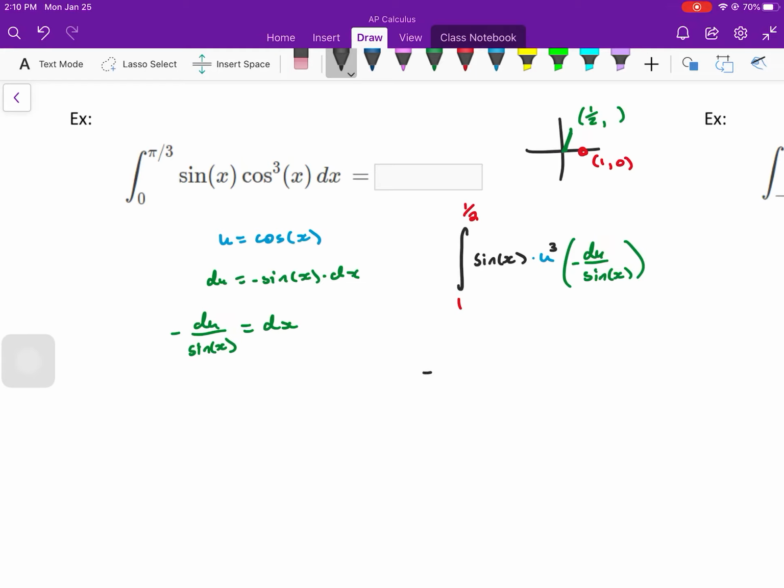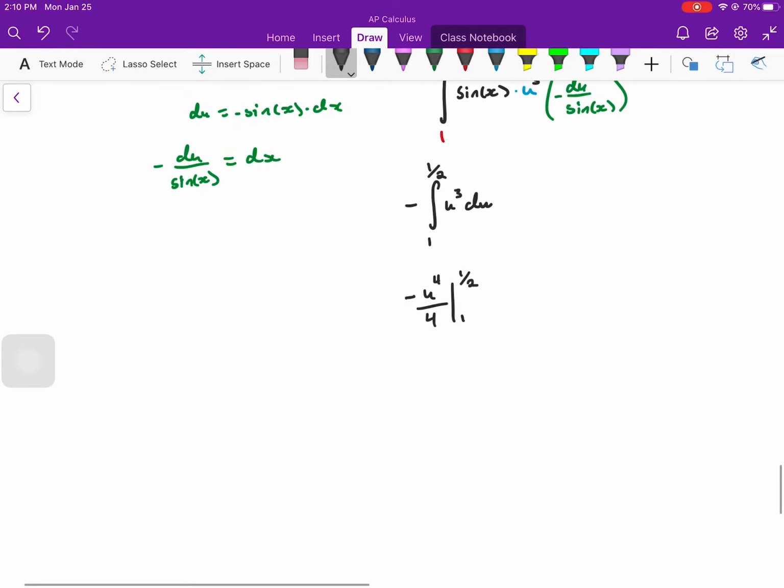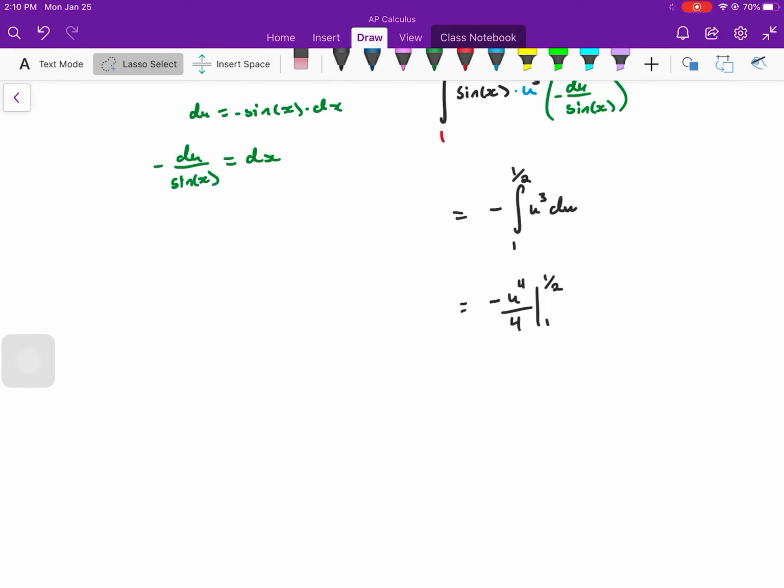Simplify this a bit so that the negative comes out to the front. Signs cancel out. We have u cubed from 1 to a half du. Just do the antiderivative of that: negative u to the 4th over 4 from 1 to a half. Plug in the half.